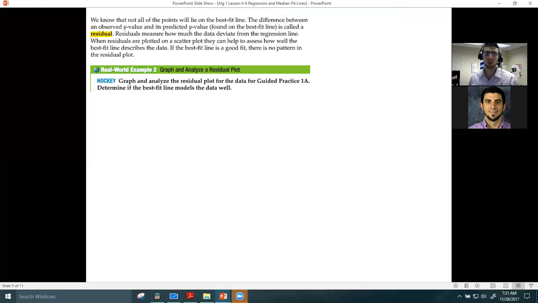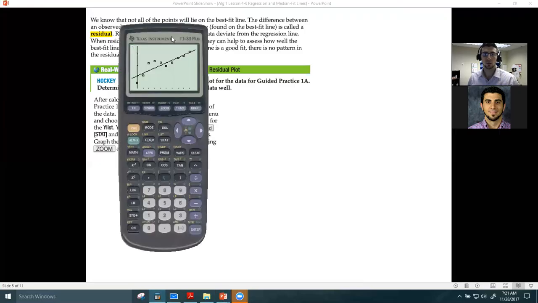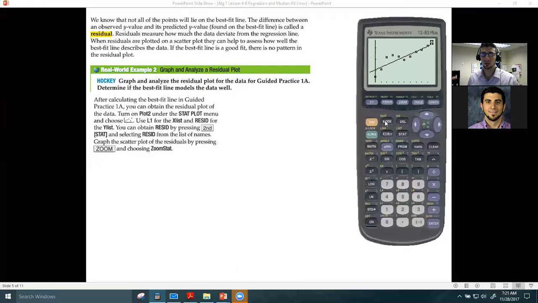So let's graph and analyze the residual plot for guided practice 1A. Determine if the best fit line models the data well. So let's go back here, quit out of that, clear that off. You obtain the residual plot of the data. So 1A, I'm going to go stat, 1, years since 2003.